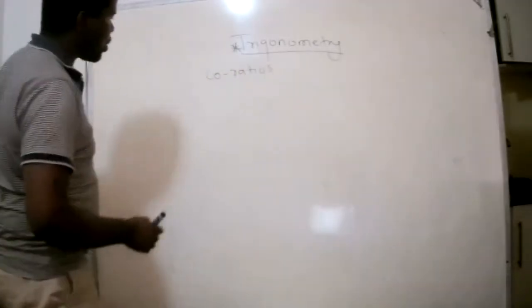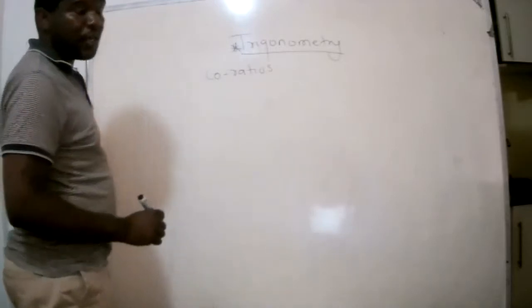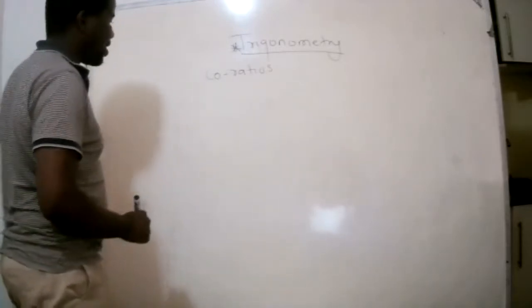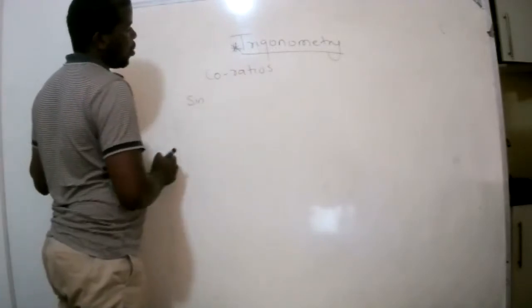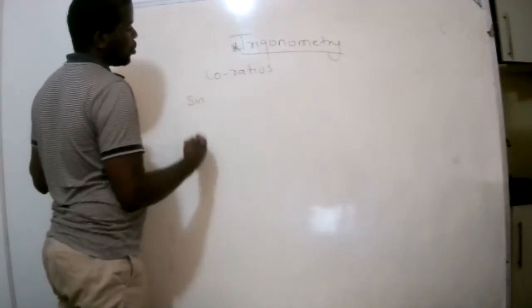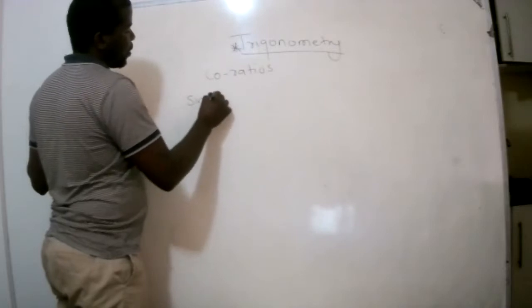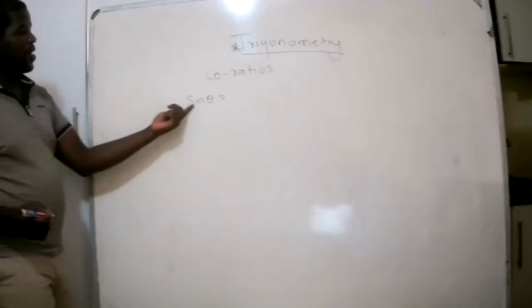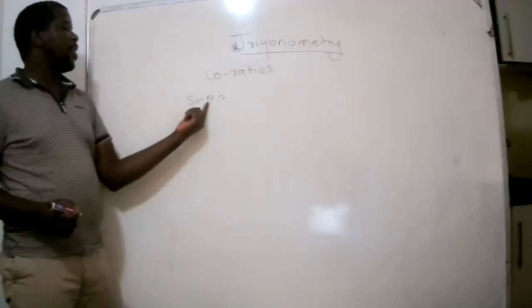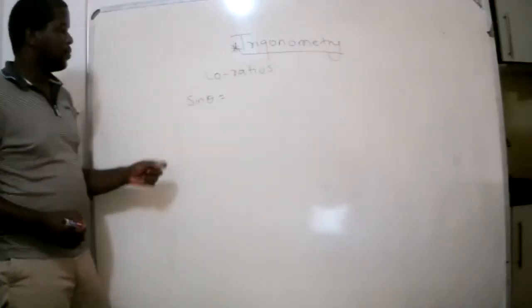The core ratios that you deal with at your level of study, the first popular trig ratio is sine. In this case, let me say sine theta. Sine is a trig ratio, and theta is an angle.